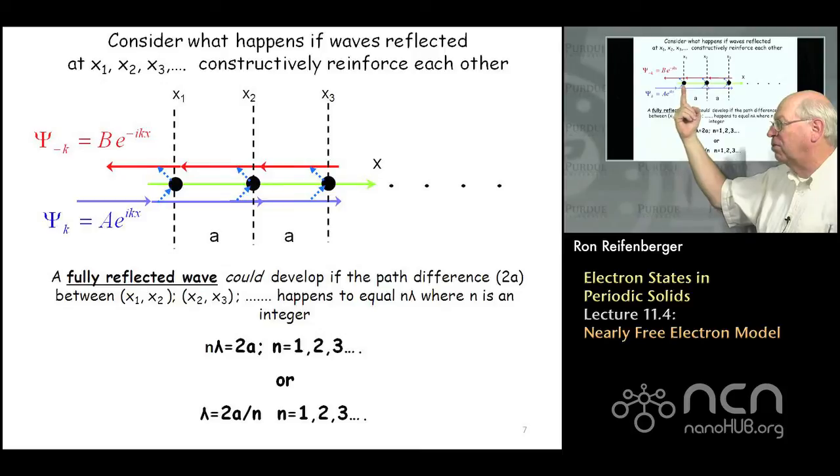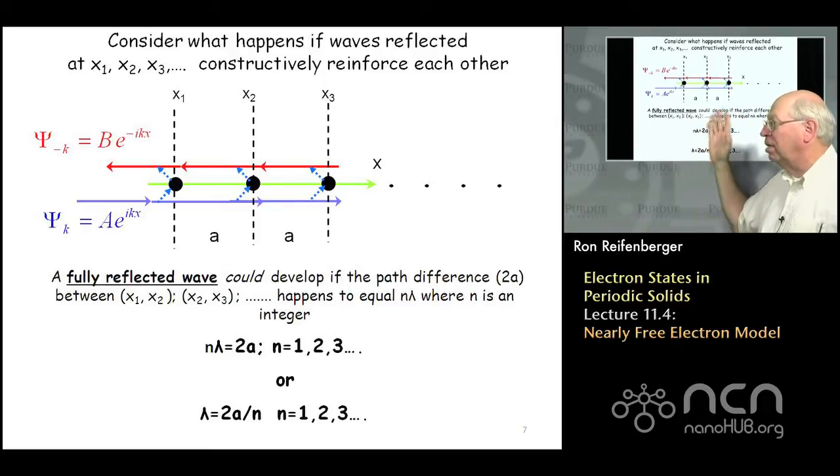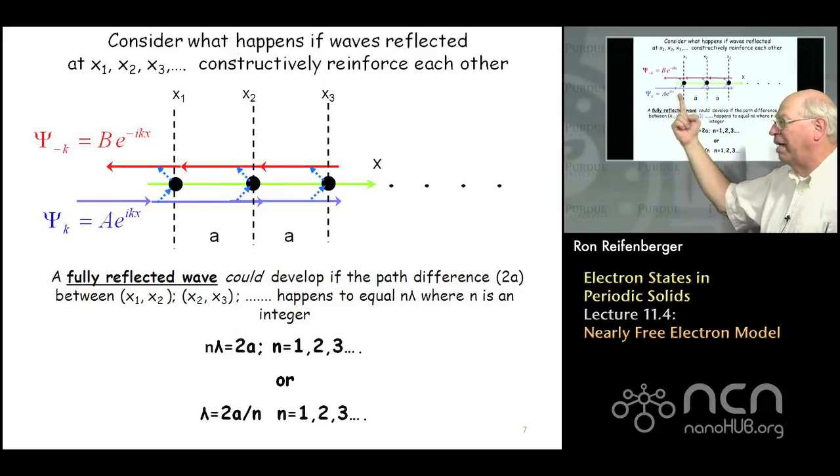So the path difference between the blue wave would be down, and then it would be reflected back. So that path difference in this very simple model would be 2a. And so the point is that if there's some reflection that occurs at each atom, and if there's a large number of atoms, it's possible that you could get a reflected wave that actually prevents the propagation of this wave along the positive x direction.